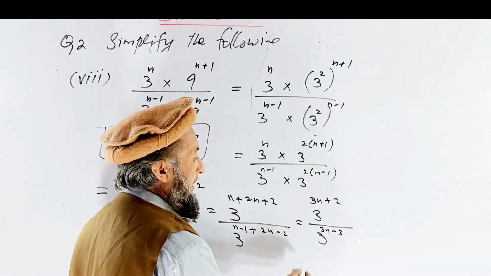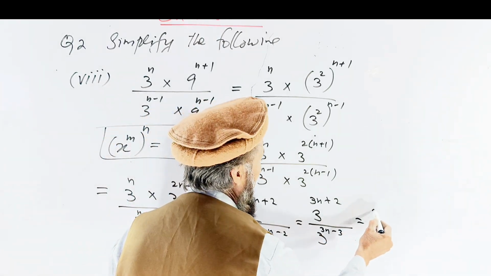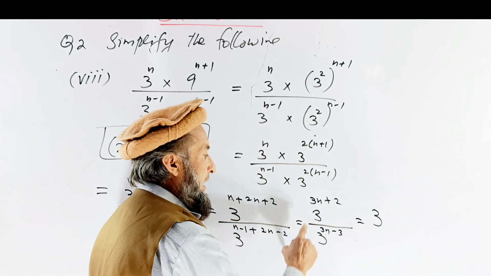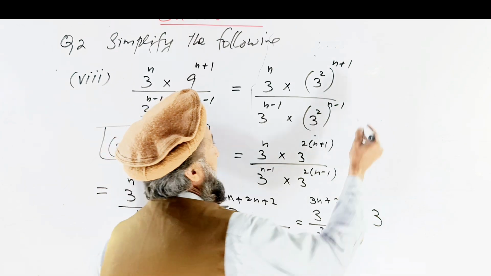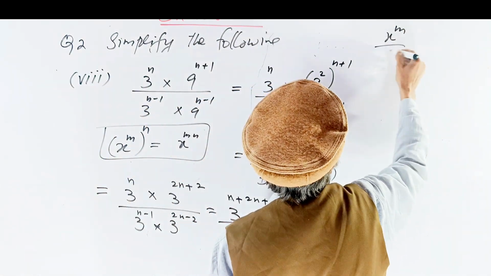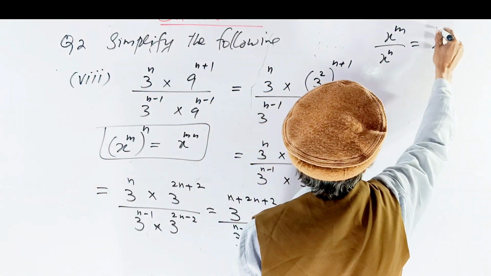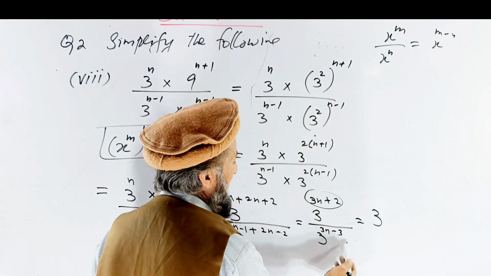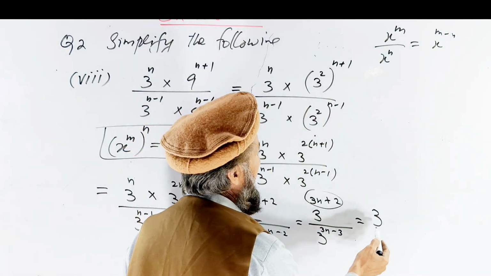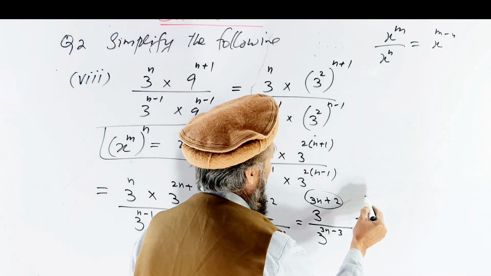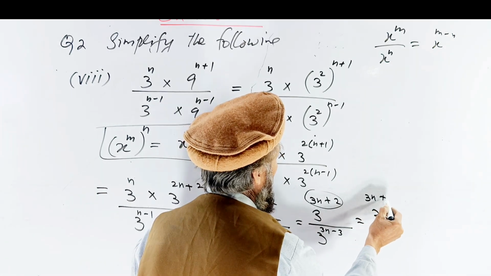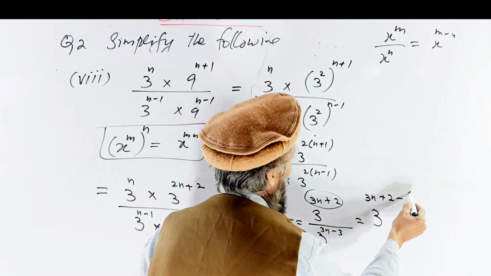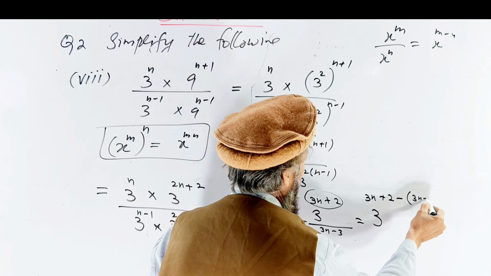The bases are same in case of division, so we take one base and we subtract their powers according to this rule: x power m divided by x power n is equal to x power m minus n. Here m is this value and n is this value. We subtract their powers, taking just one base: 3n plus 2 minus, 3n plus minus 3.